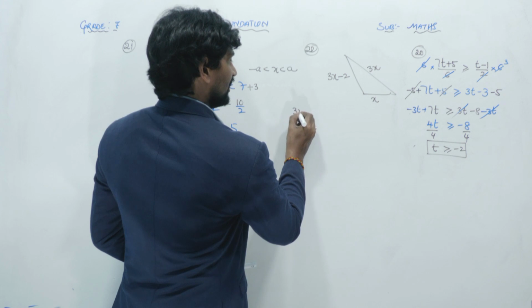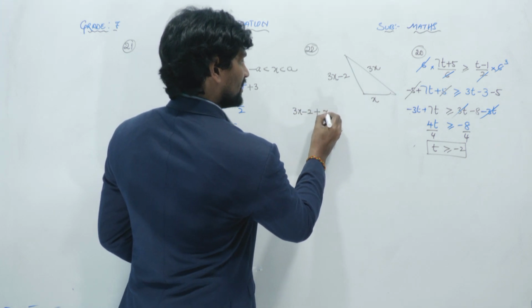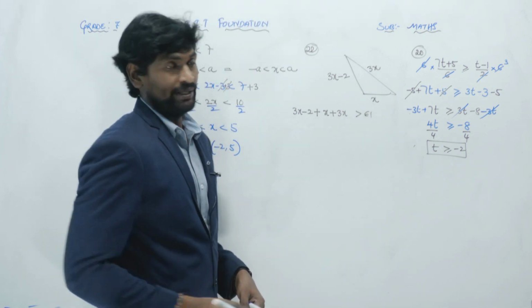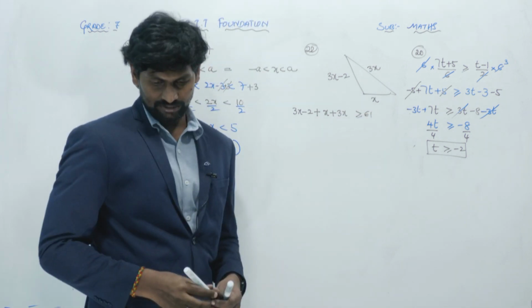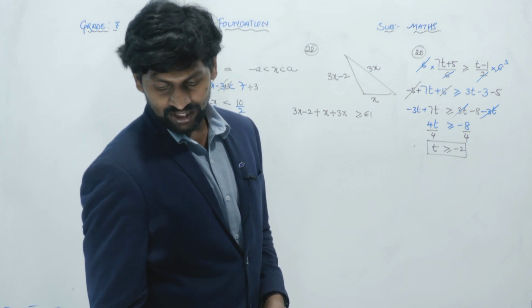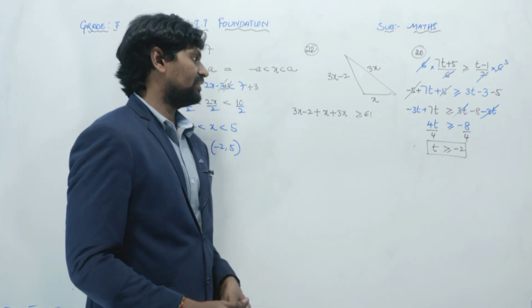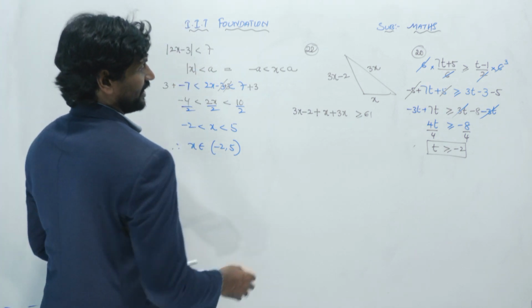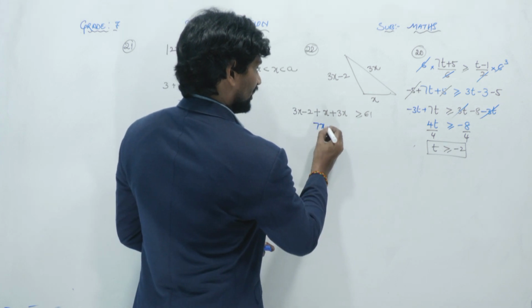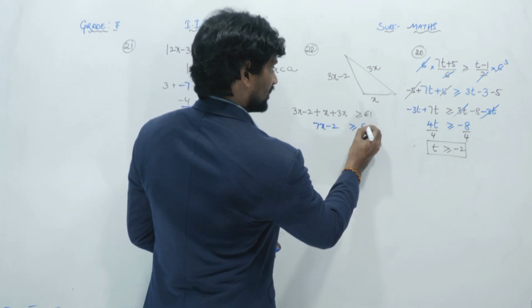Perimeter means 3x minus 2 plus x plus 3x is greater than or equal to 61. Minimum 61 means greater than or equal to 61 we can take. Okay? Then the minimum length of the shortest side is what we need to find. Just add 3x plus 3x, 6x plus x, 7x. So 7x minus 2 greater than or equal to 61.